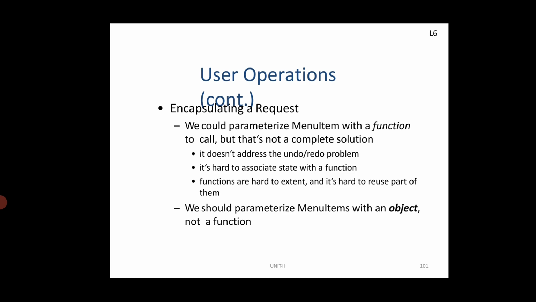Third, functions are very hard to extend and reuse parts of. These reasons suggest that we should parameterize menu items with an object, not a function. Then we can use inheritance to extend and reuse the request implementation.